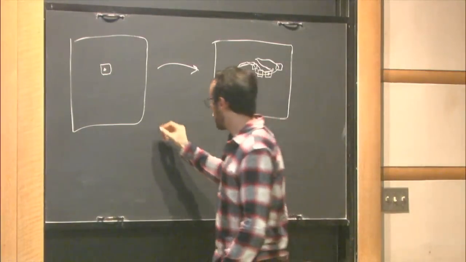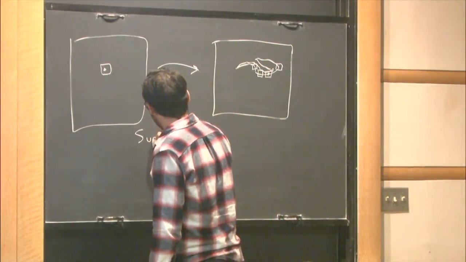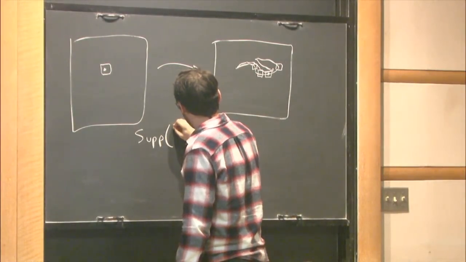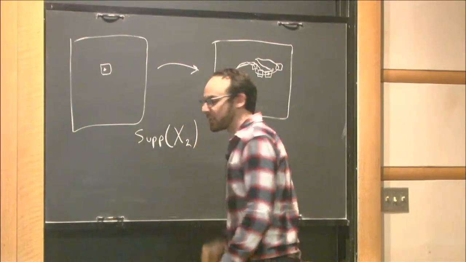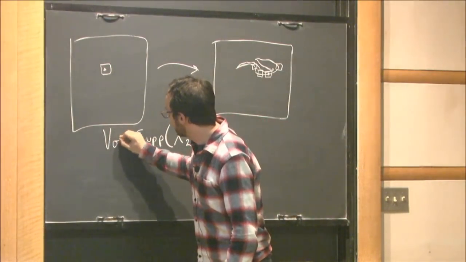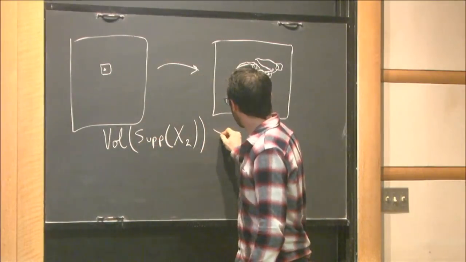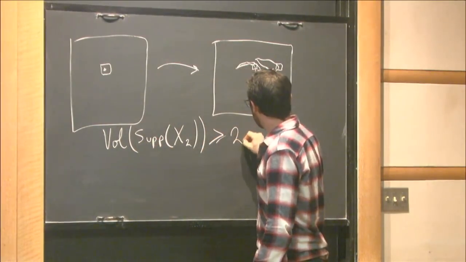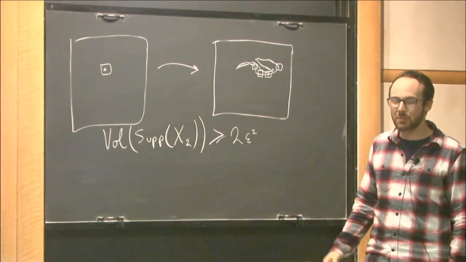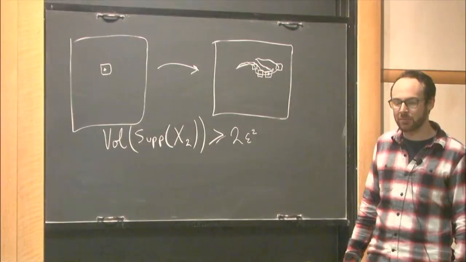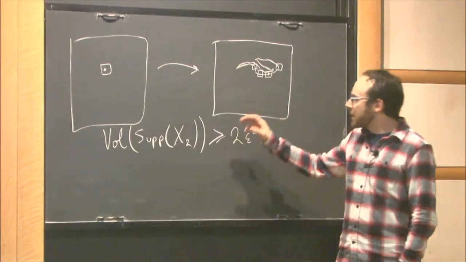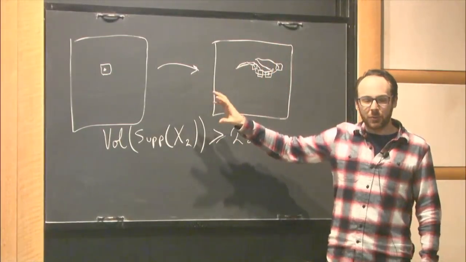And so what you basically show is that the support of, say, the second iterate of my Markov chain has volume greater than or equal to something like 2 epsilon squared, something of this kind. This isn't actually true, but it's good enough for a lie. Iterate this argument a few more times.